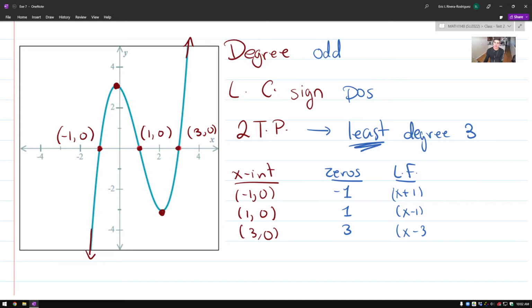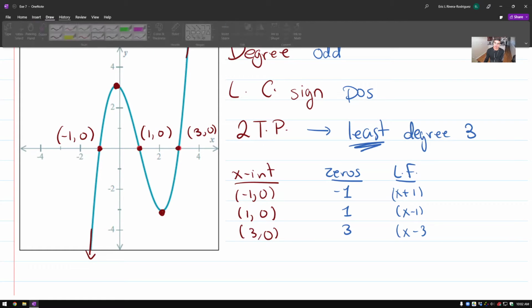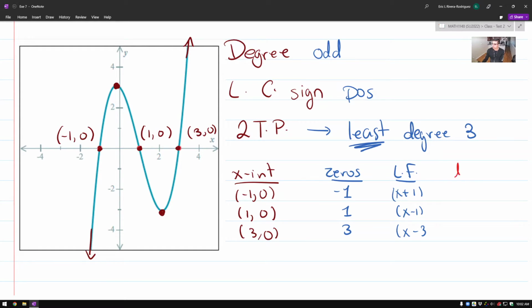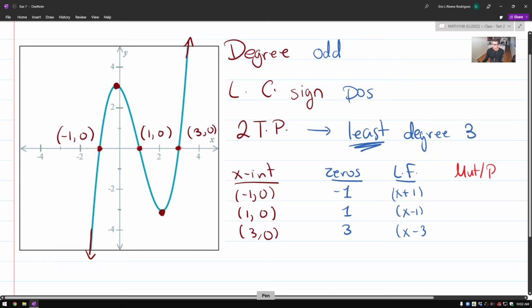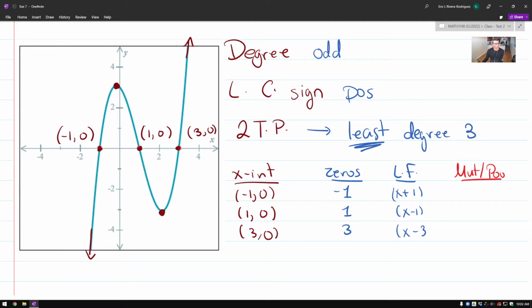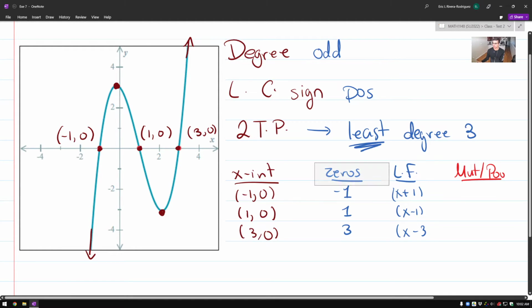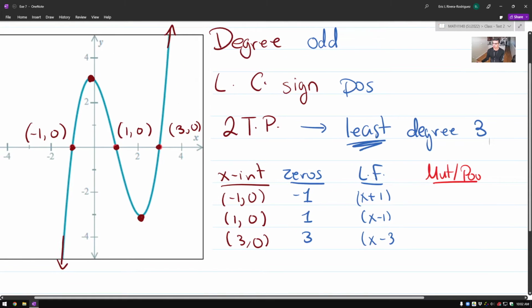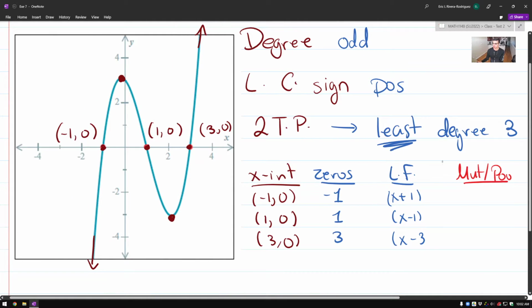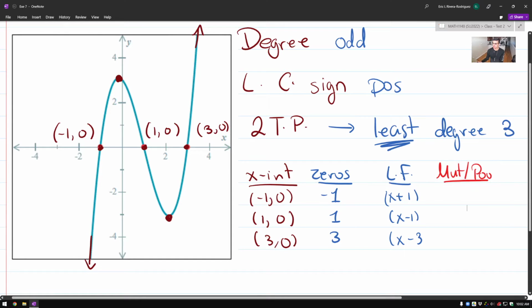What about their multiplicity? Can you describe their multiplicity just by looking at the graph?